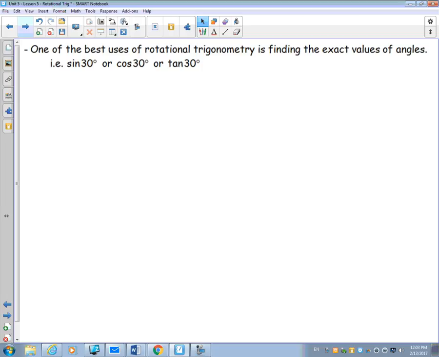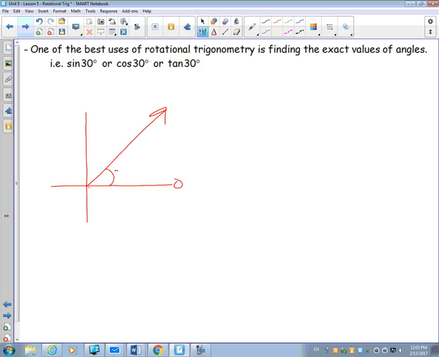If I draw that from 0, 30 degrees would be here. If I were to punch sine of 30 into my calculator, so take your calculator out, we get 0.5, which I hope you agree is 1/2.